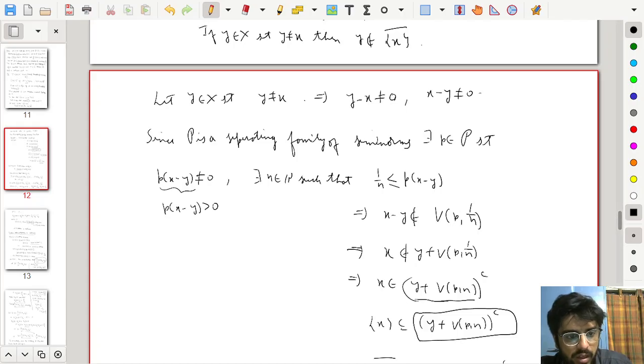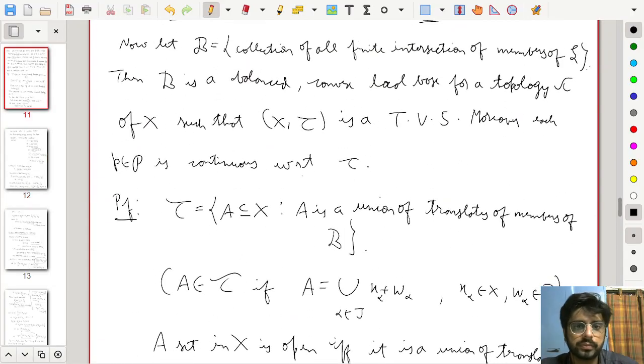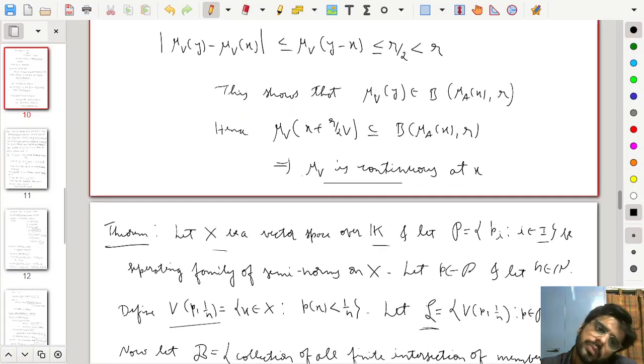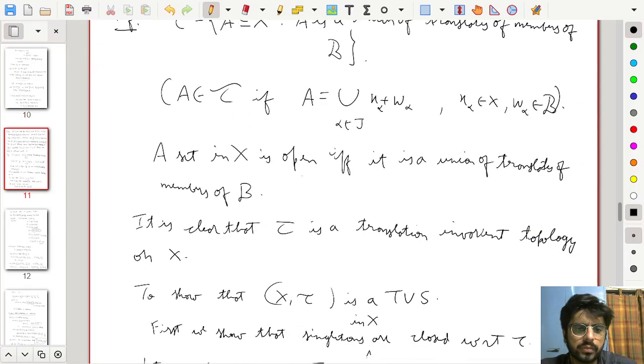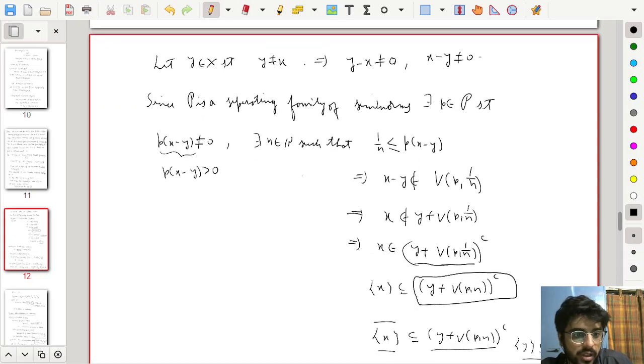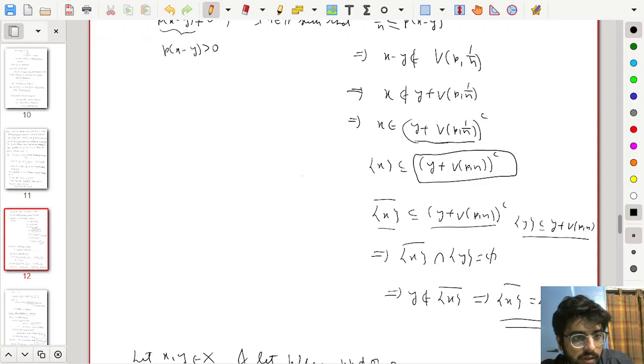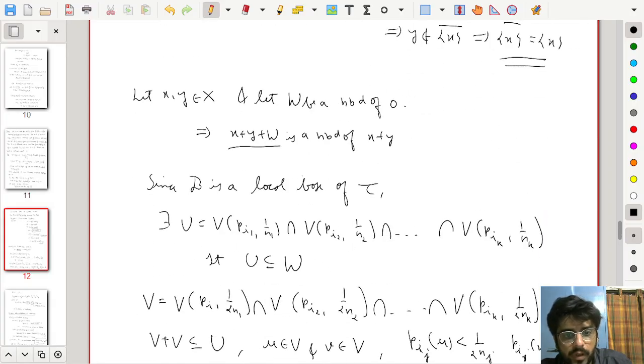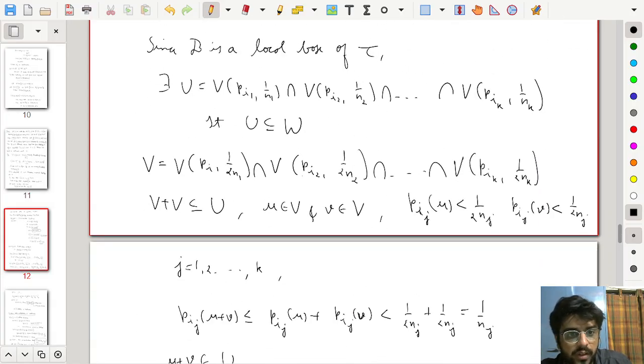Sorry, I have confused you with my notation. Okay, here it's fine, everywhere it's fine.